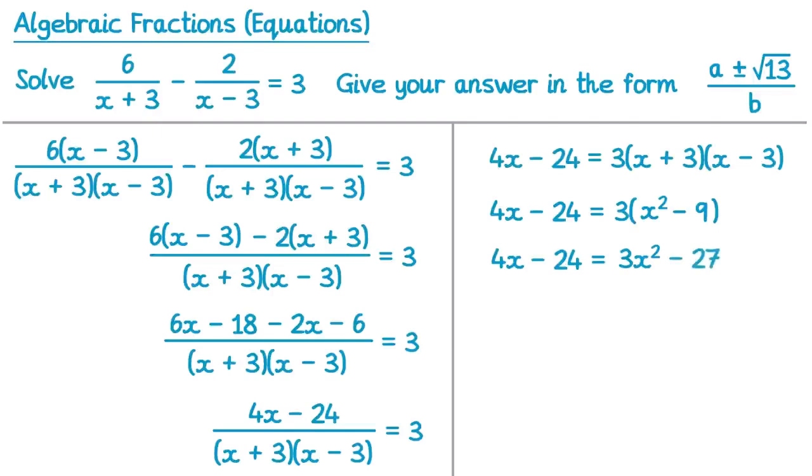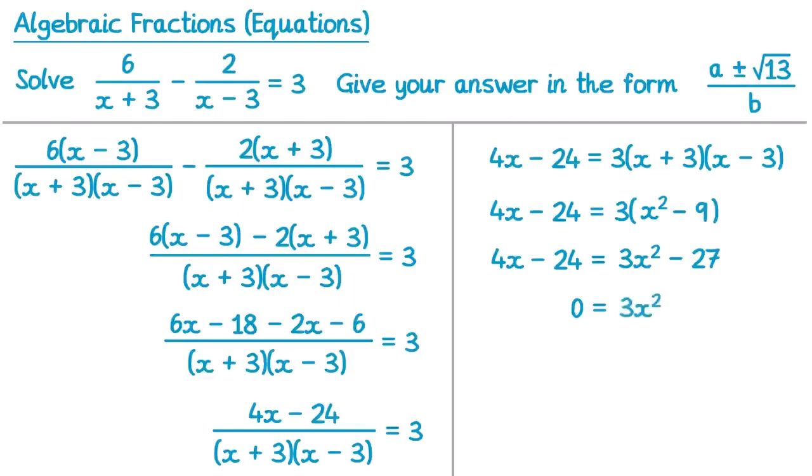So you can see we do have a quadratic and we need to get one of the sides to be equal to 0. Once again, I'm going to make that the left hand side. So to make the left hand side equal to 0, I would need to subtract 4x and then add 24 to both sides. So if I do that on the left, I get 0 of course. And on the right hand side I get 3x squared, that remains unchanged.